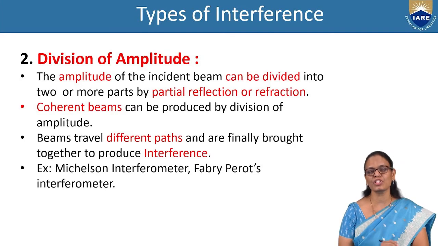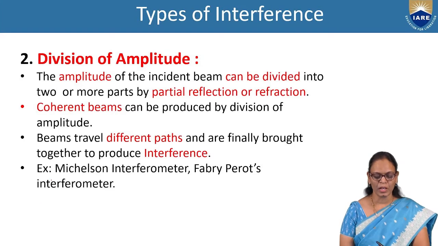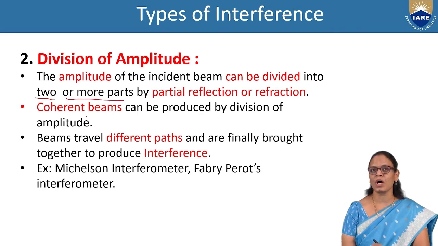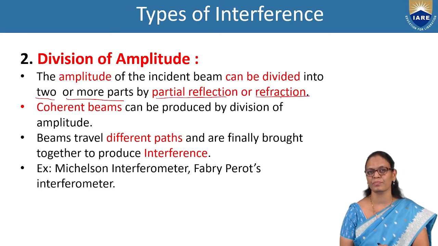Now coming to the division of amplitude. The amplitude of the incident wave can be divided into two or more parts. We need at least two for superimposition. We divide it by partial reflection or refraction, so coherent beams can be produced by the division of amplitude.